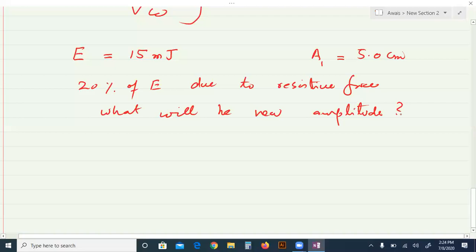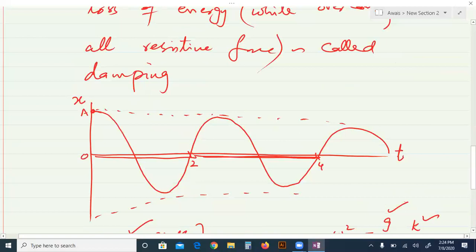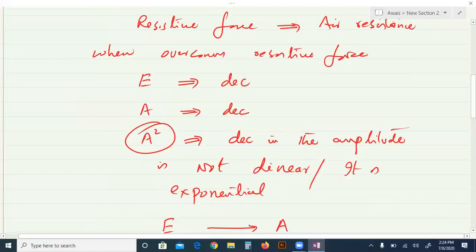This is the question. Now, we have seen that energy is directly proportional to amplitude square.